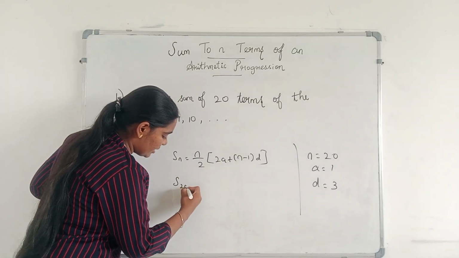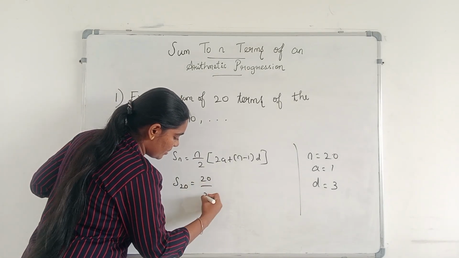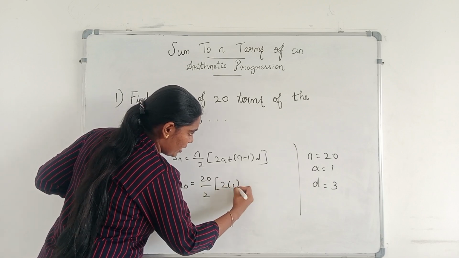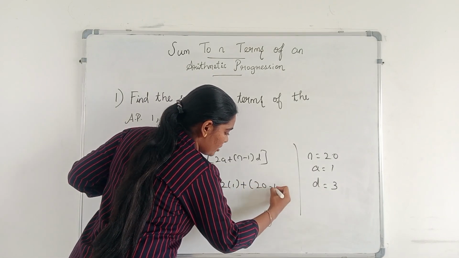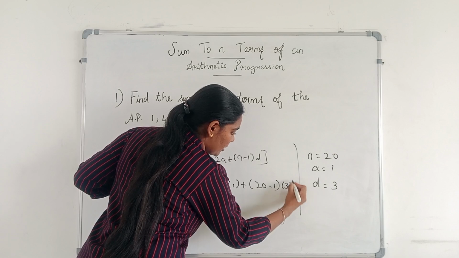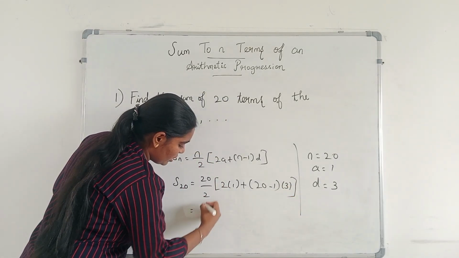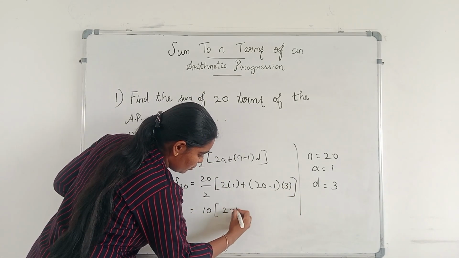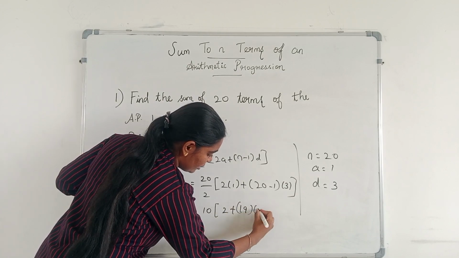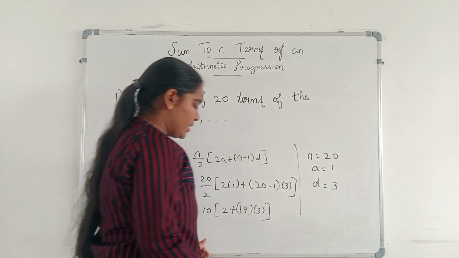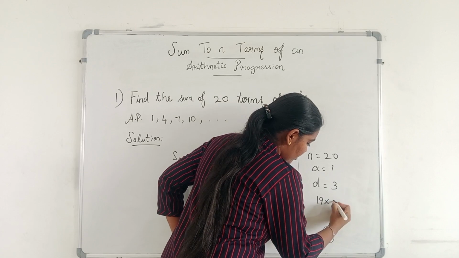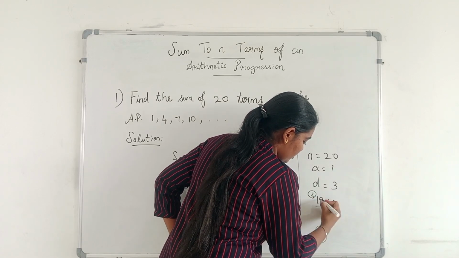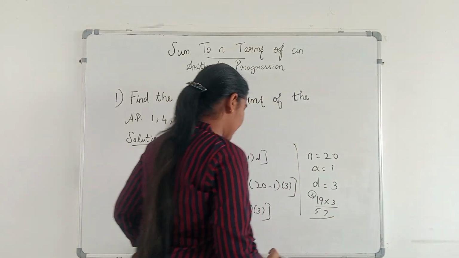So, sum of 20 terms equal to 20 divided by 2 into 2 into 1 plus 20 minus 1 into d. So, here 10 into 2 plus 19 into 3. 19 into 3 will be 57.